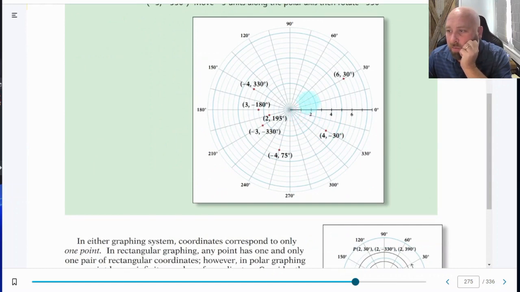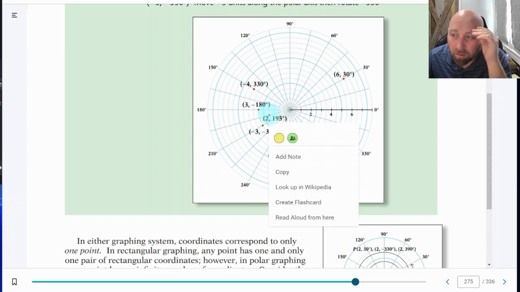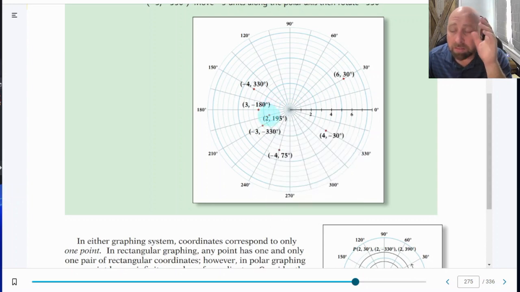There's 2, and then we're going to go all the way over here to 195. Now, you might say, but I thought you said that this was negative over here. Well, it is and it isn't. Okay, and here's why. If we go 2 positive, we would go 2 positive, and then we would go 195 all the way over to this point. You'll see what I mean in just a second when we do the negative one.